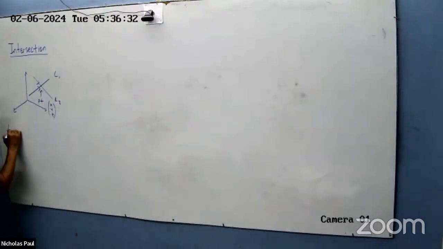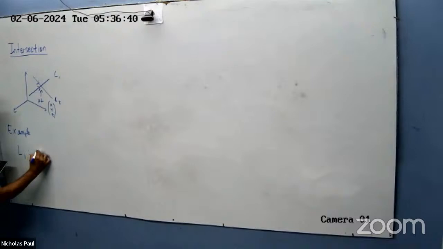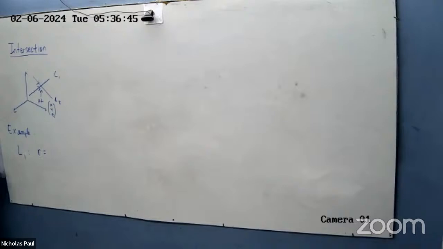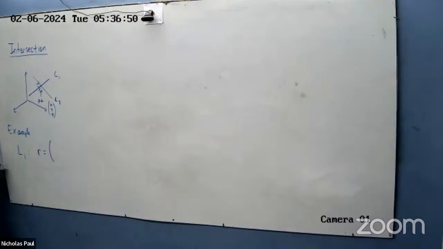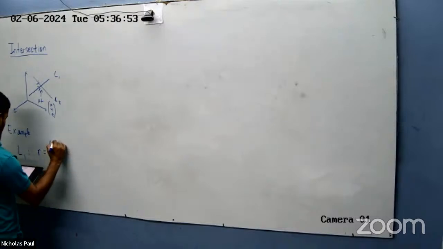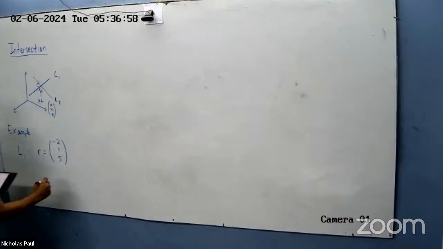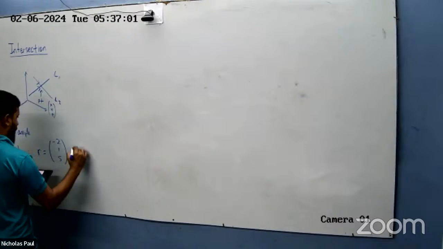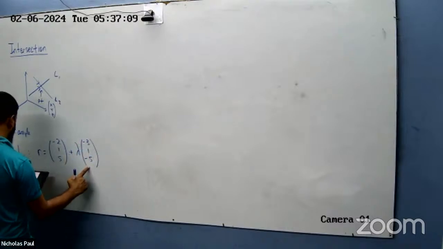All right, so let's try an example here. So I'll give you line 1. Minus 2, 1, 5. Minus 3, 1, minus 5.